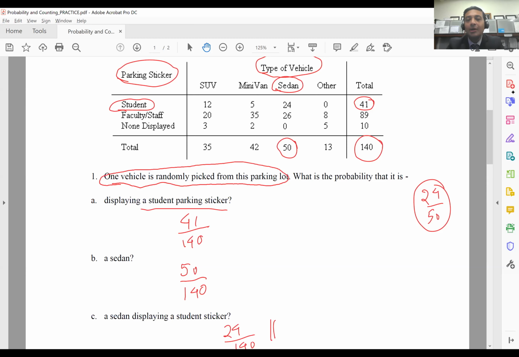So in other words, it's choosing a vehicle with a student parking sticker, given that the vehicle is a sedan. So that then becomes the condition within which you are looking at that 24. So Tim, that is what you were alluding to, but that's a different concept. You see what I'm saying? Yes.